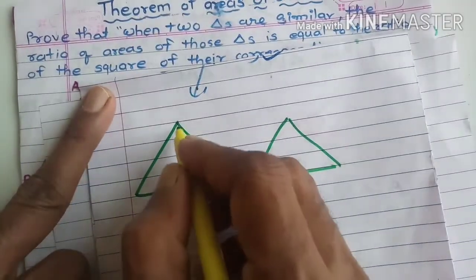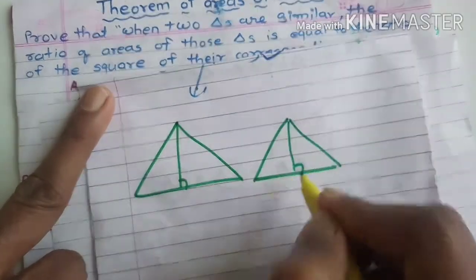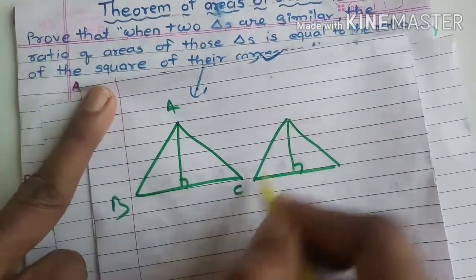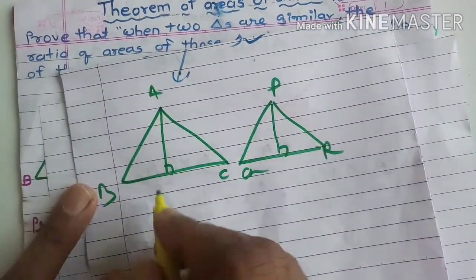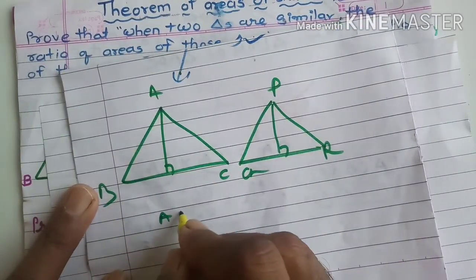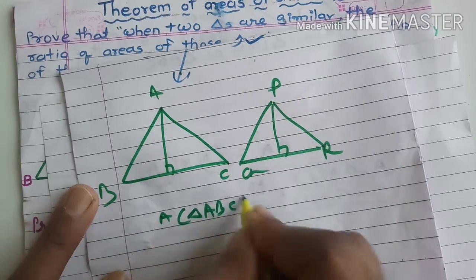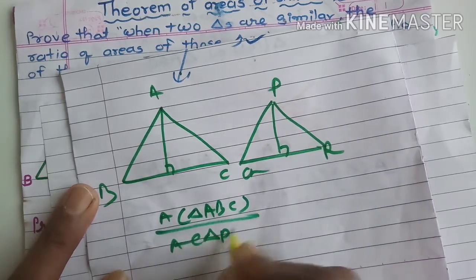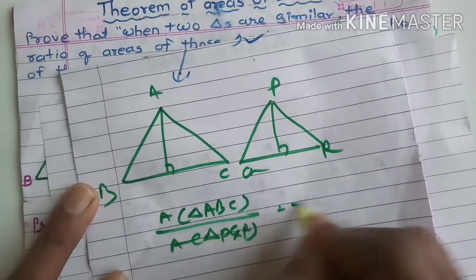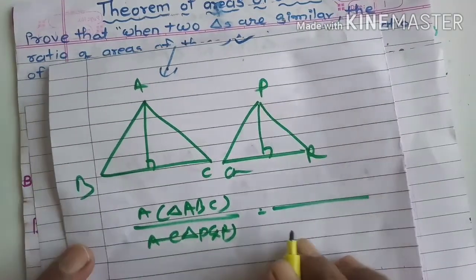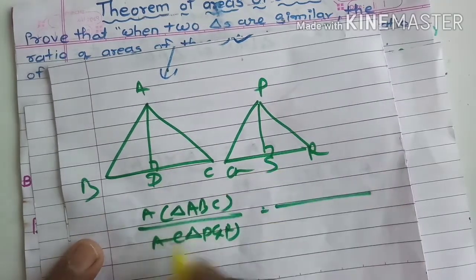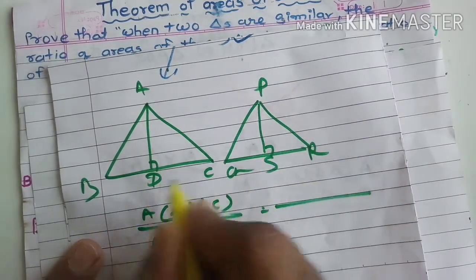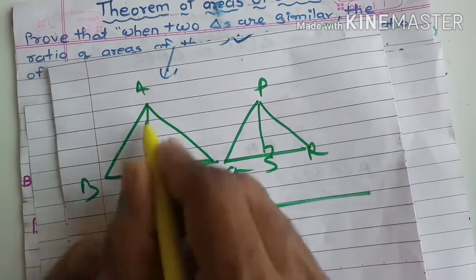Suppose triangles ABC and PQR: the ratio of the areas of two triangles is equal to the ratio of the product of corresponding base and height.